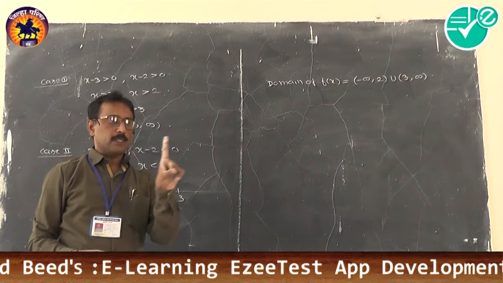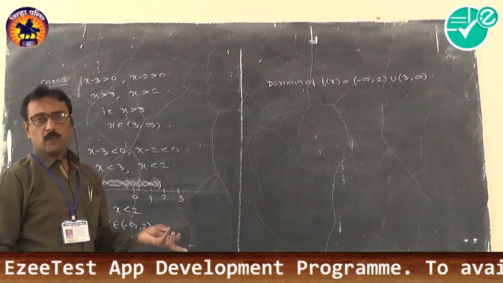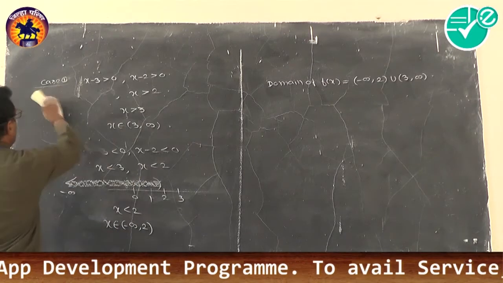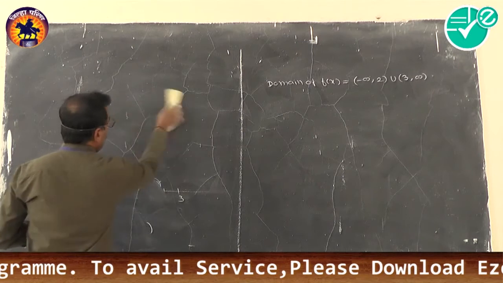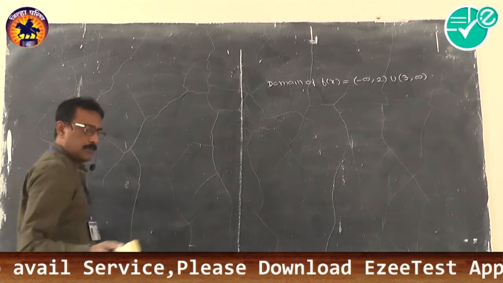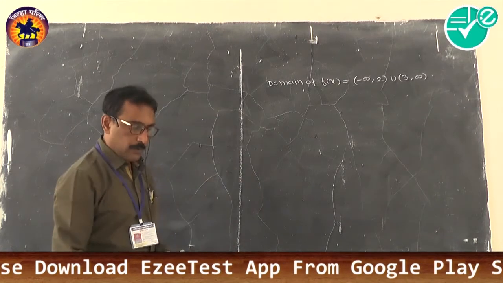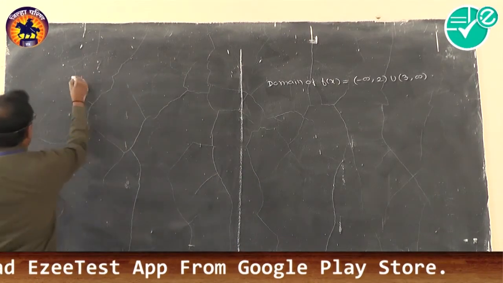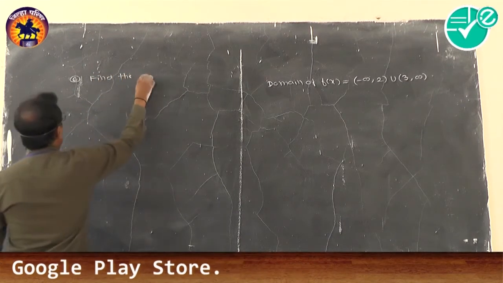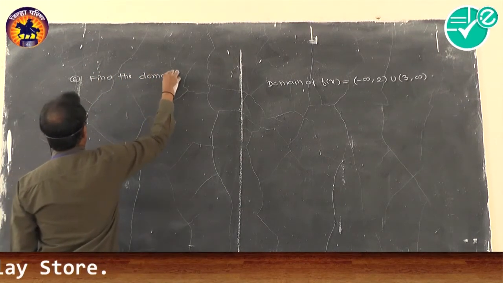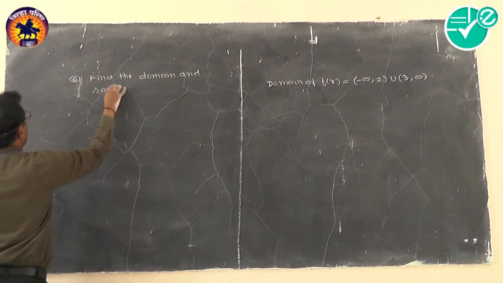For the sake of convenience, I will take one example in which we will find both the domain and range of the function. Five questions are taken now: 1, 2, 3, 4 and 5. Take a sixth question.